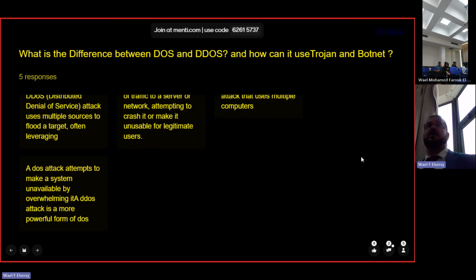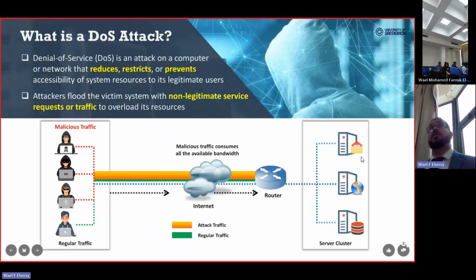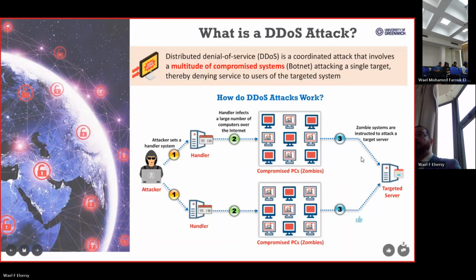A DoS attack attempts to make a system unavailable by overwhelming it. Okay, so we have grasped the idea. Thank you for your responses. And this is another detailed explanation about having one computer attacking one server. And this is what we call a distributed denial of service attack, where we have a multitude of compromised zombies, as we can see here.